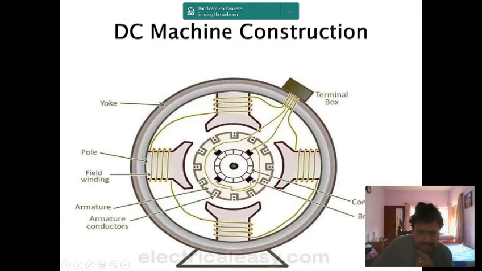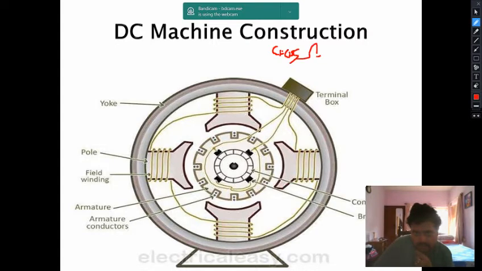This diagram presents the cross section of a DC machine. So let us discuss these parts one by one.